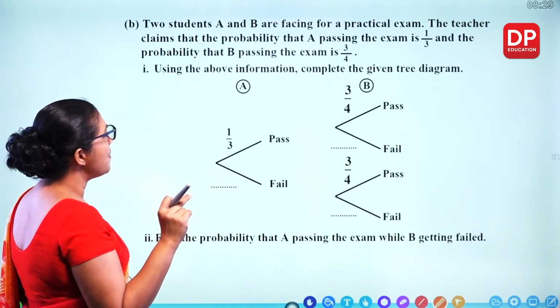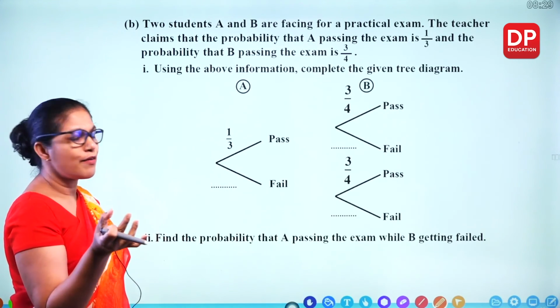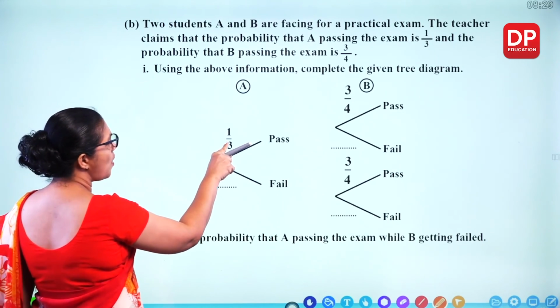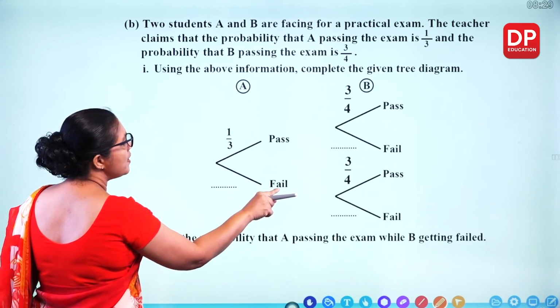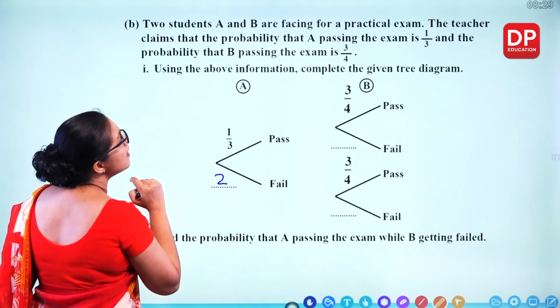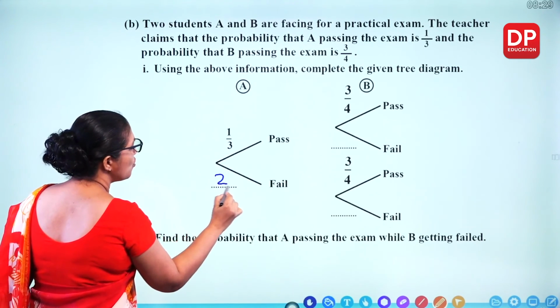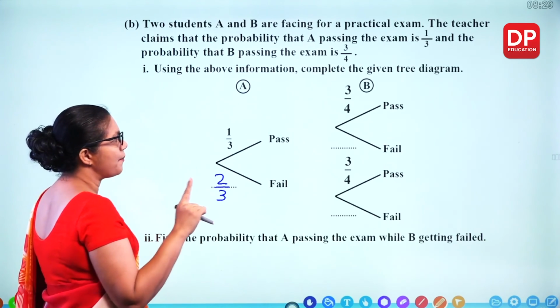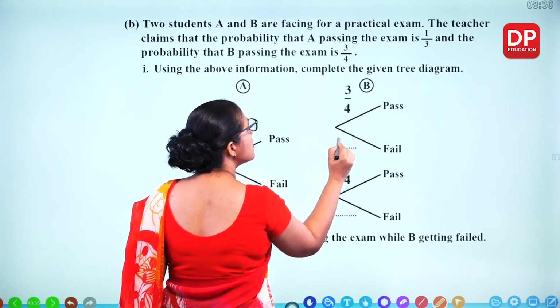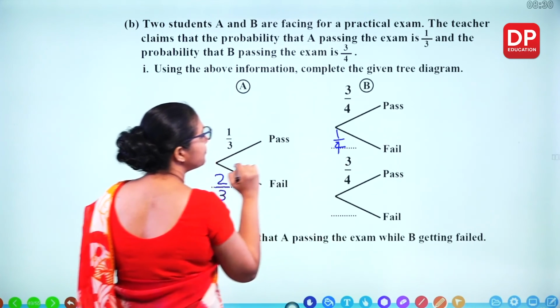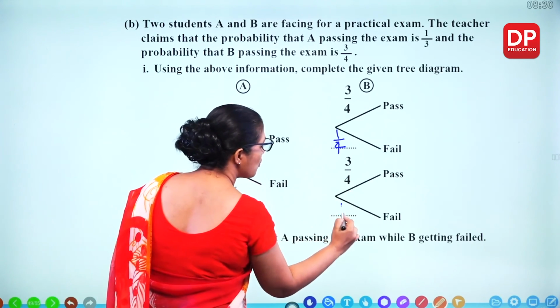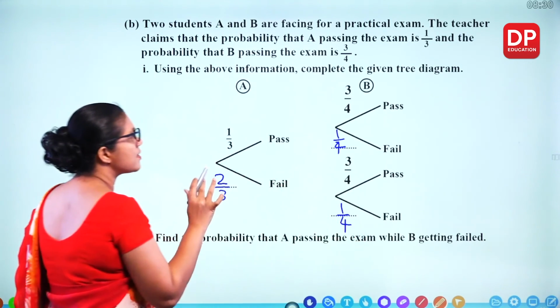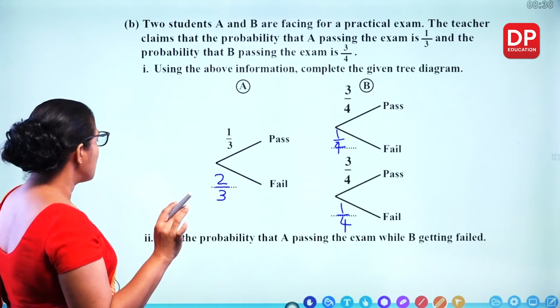Using the above information, complete the given tree diagram. So if this is 1/3, what is the probability of getting fail for the exam? 2/3. Because the addition should be 1, 3/3. If this is 3/4, this becomes 1/4. So that's the full diagram, tree diagram.